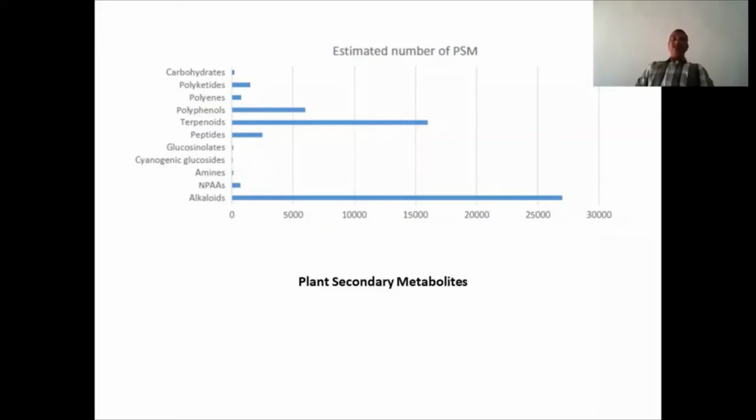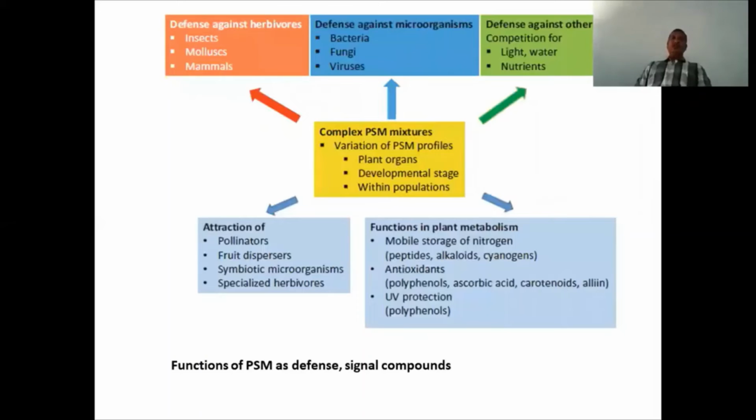You can see the y-axis is the name and the x-axis is the number. The x-axis is the number of secondary metabolites, and the y-axis gives the names or types of the secondary metabolites. Here is the sheet where the role of these secondary metabolites is given.